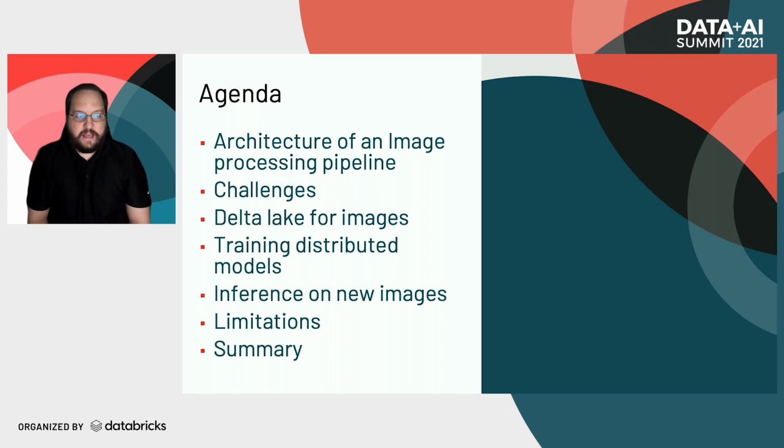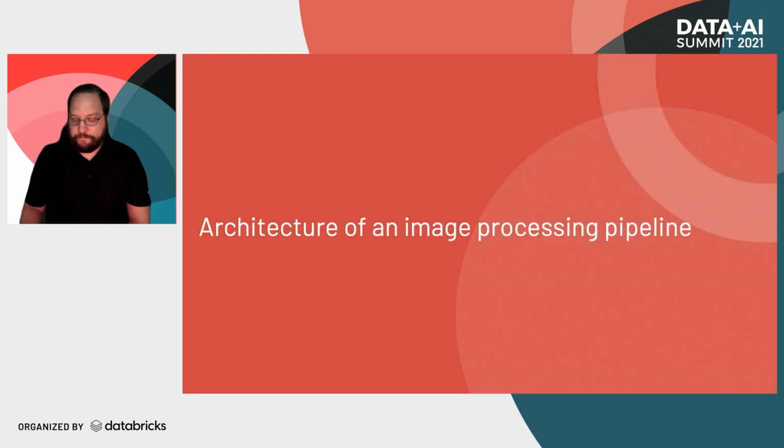And then he'll show off an inference pipeline where your data scientists can bring in whichever model framework they need and still not have an operational code change in order to use those new models. Then we'll go over some limitations and sum up. Hopefully this will be useful for your image processing pipelines.